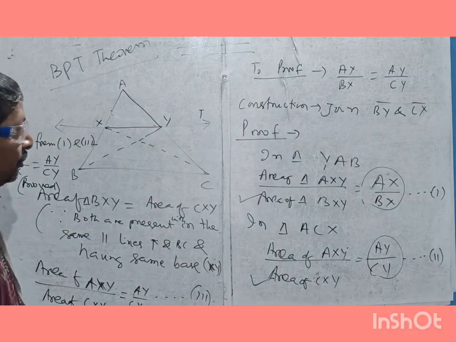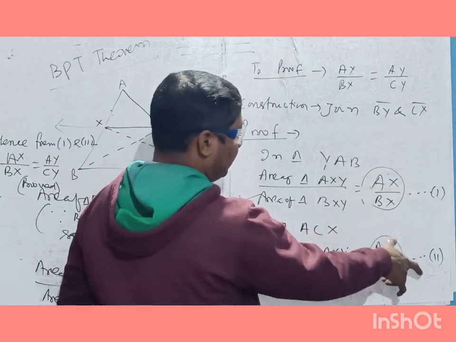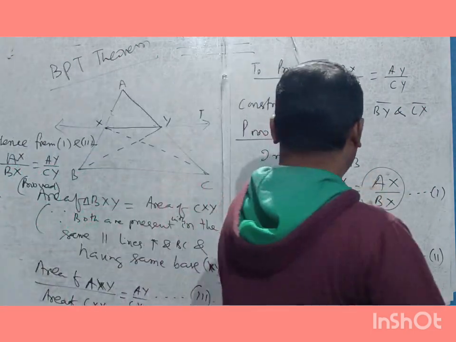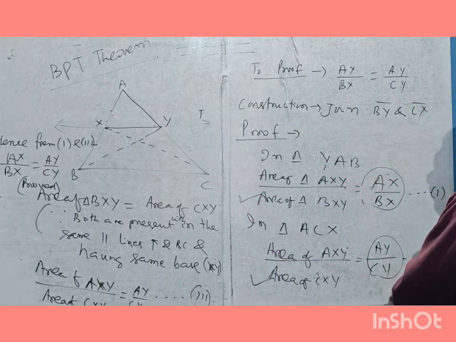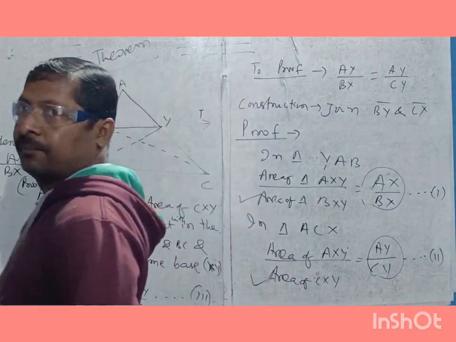So if this LHS part is same, we can write RHS part same, because AX by BX has a certain value which is same to AY by CY. So I can write AX by BX equal to AY by CY.